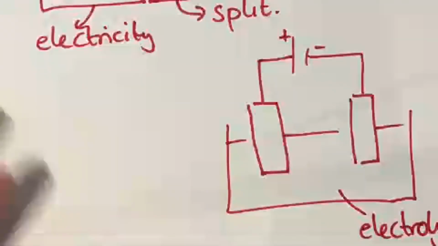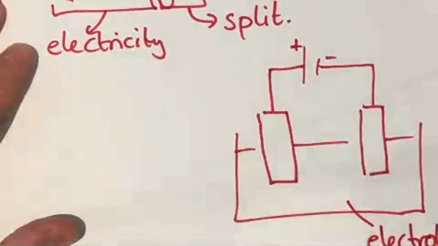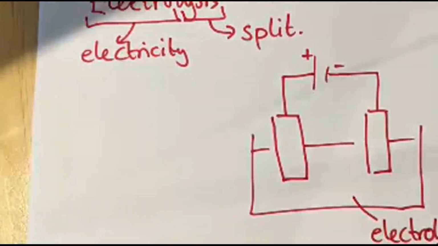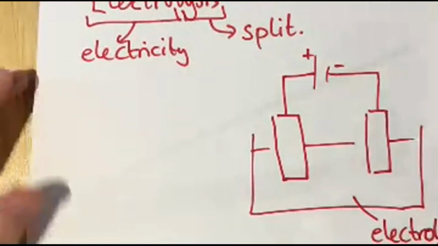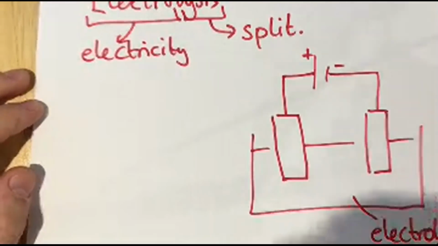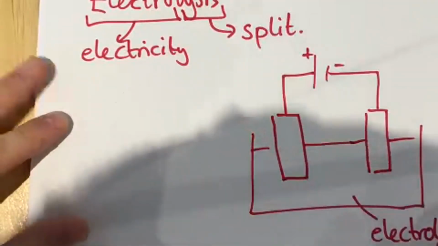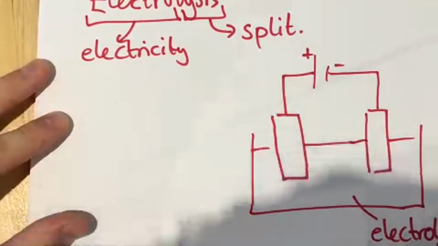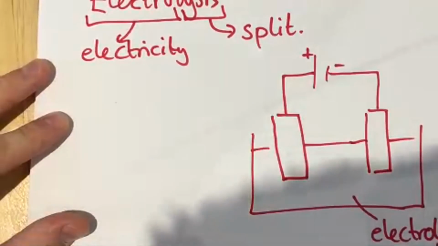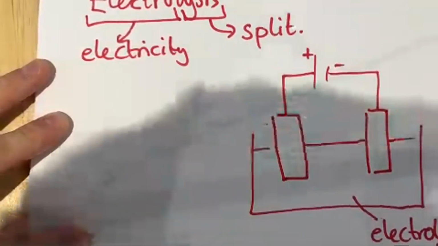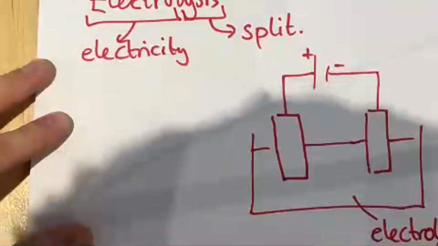Now, this electrolyte can be two things. It could either be a molten material, or it could be a solution.